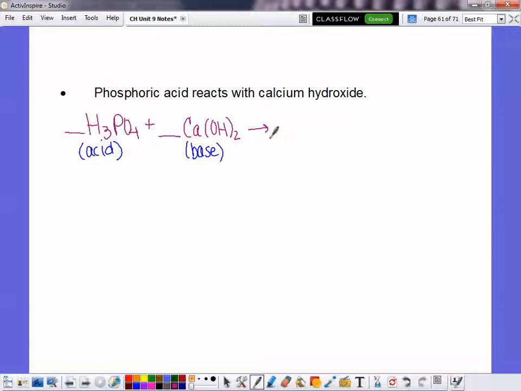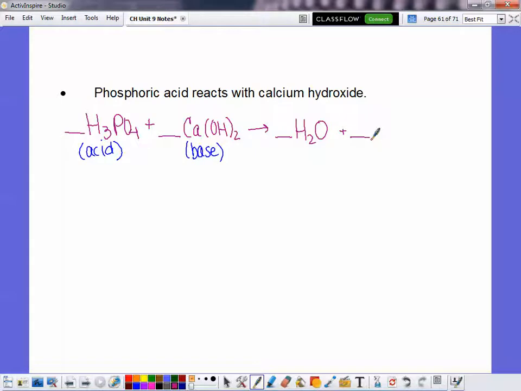What's one of the products of neutralization reactions? H2O. It's always going to be producing water. So this is producing water. And what's left over? The calcium and the phosphate.